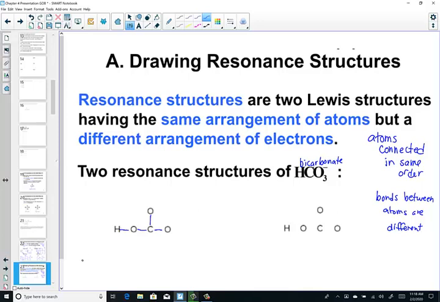Hydrogen is going to contribute 1, oxygen will contribute 6, there are 3 oxygens all together, and a carbon. And don't forget the -1 charge means we get to add an extra electron. So that's 24 dots.